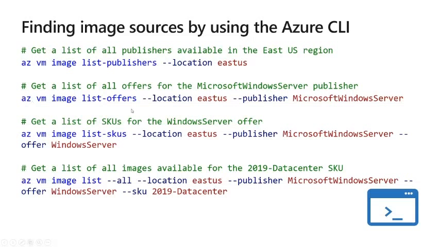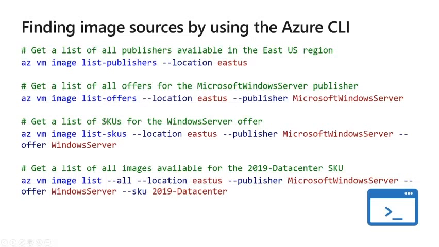Then you have the list of all offers for the Microsoft Windows Server publisher. Then you can filter by location East US, publisher Microsoft Windows Server. Then get the SKUs for the Windows Server offer: offer Windows Server, and list SKUs.